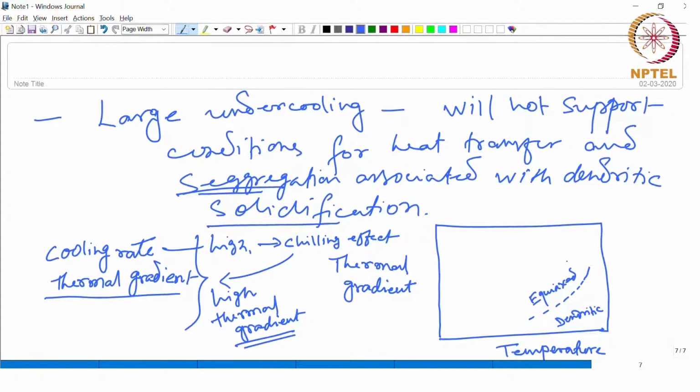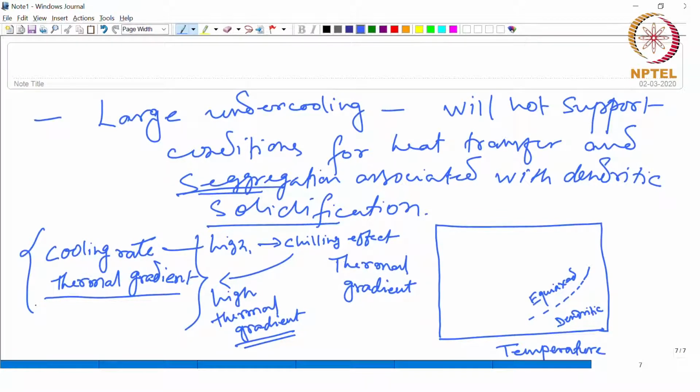So, this is a comparison between the dendritic and the equiaxed microstructure, or how a dendritic microstructure can be transformed into equiaxed microstructure by controlling the process parameters like the cooling rate, thermal gradient, and undercooling also will have an effect.